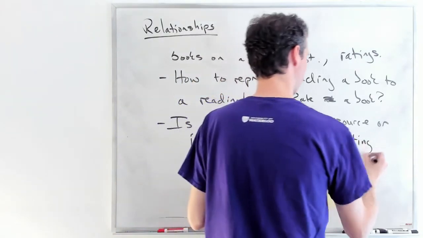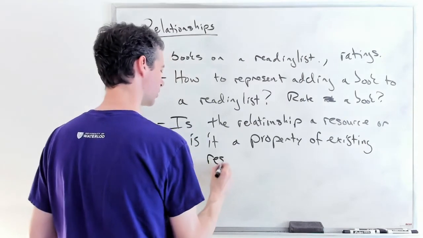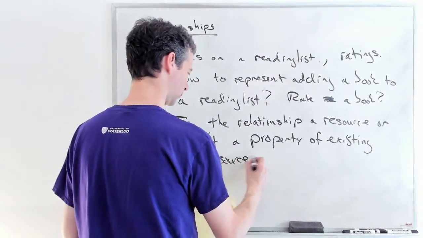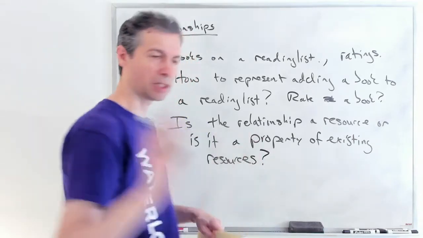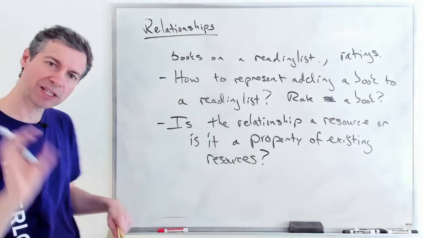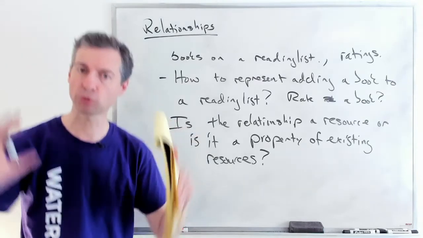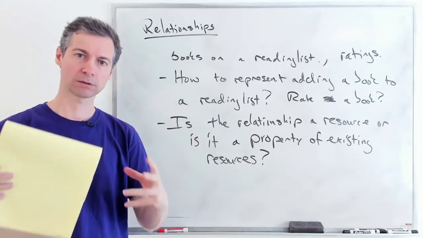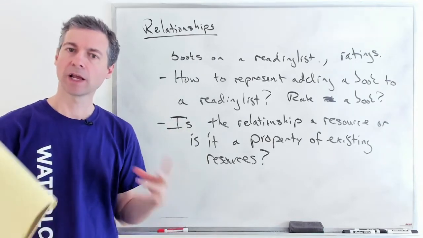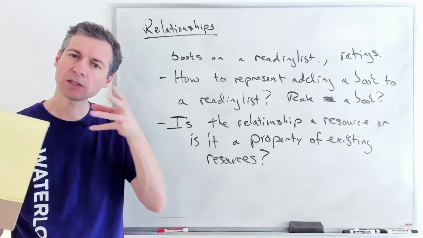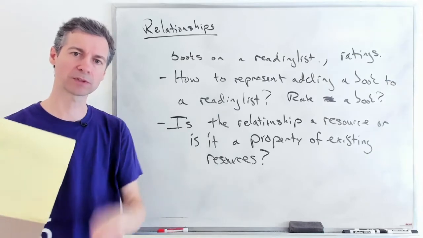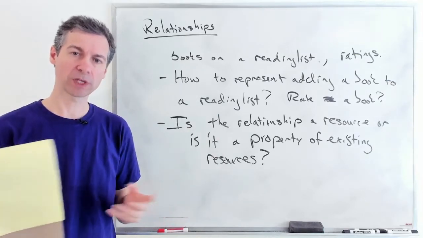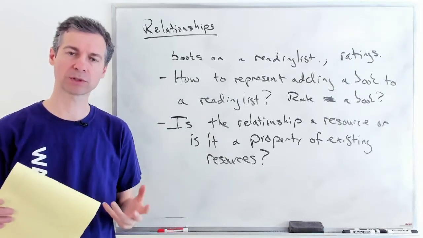Because if it is a resource, we know how to deal with it directly, right? So if the relationship in and of itself, we think of it as a resource, something that is created, deleted, updated, whatever, and that we would want to uniquely refer to, then from the web perspective, we can treat it as a resource.